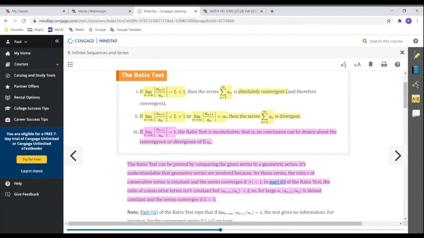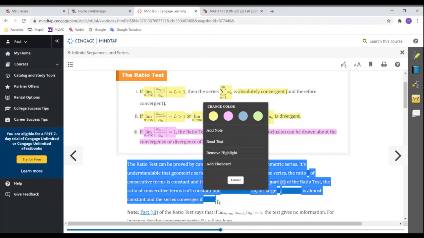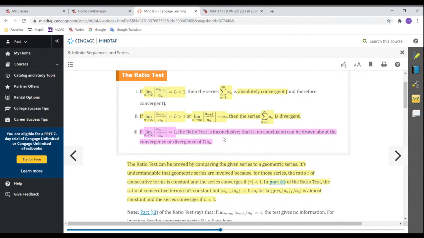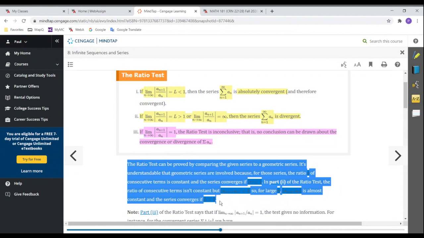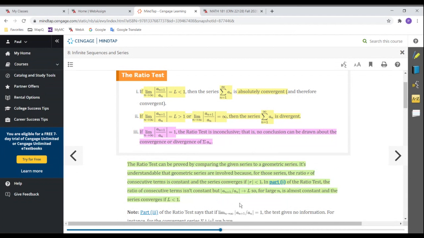Okay, and they have some comments here, maybe I'll put them in green. They have some comments here below the ratio test, which are consistent with what we've just discussed. What you're doing with the ratio test is trying to establish that your series acts like a geometric series when you go out into the series, when n is large.